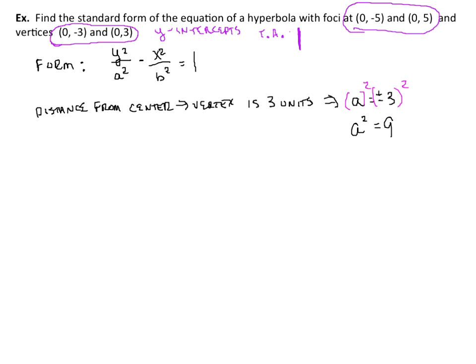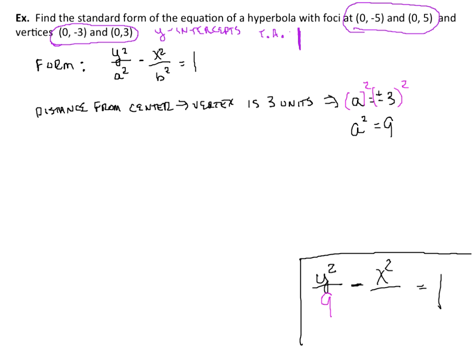So far, let's see, I'll put my final equation down here. So far, this is what we know. Y squared divided by something minus x squared divided by something is going to equal 1. Well, we've just figured out the first something, the a squared, is 9.